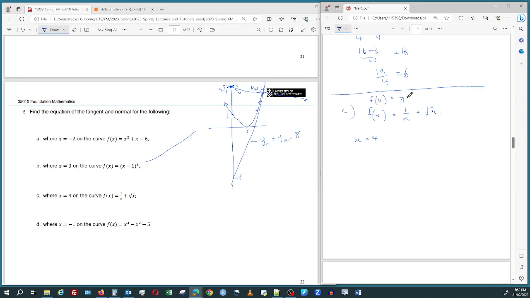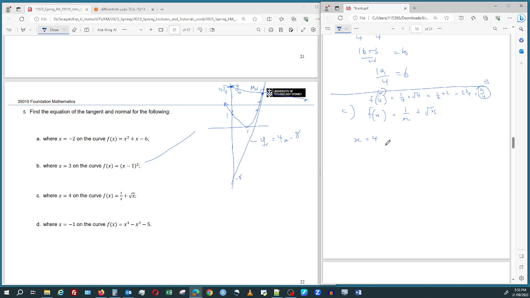So it'll be 1 over 4 plus the square root of 4, which will be 1/4 plus 2, which will be 2 1/4, which will be 2 4s are 8 plus 1, 9 on 4. So that's our y value, that's our x value.